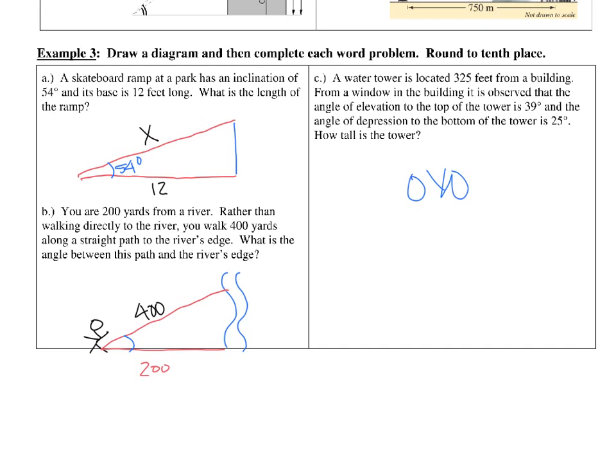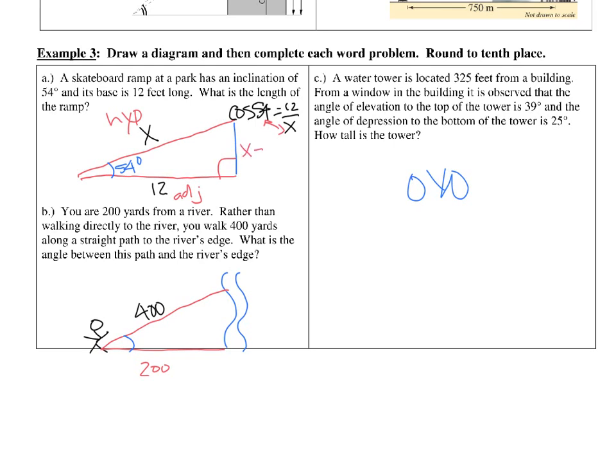All right, well, based on the information I'm given, there's my right angle, so this is the hypotenuse. This is the adjacent side. So adjacent and hypotenuse means I'm using cosine. So cosine of 54 equals adjacent over hypotenuse. Now remember, whenever the value that we're looking for is in the numerator, we really just switch these two locations.